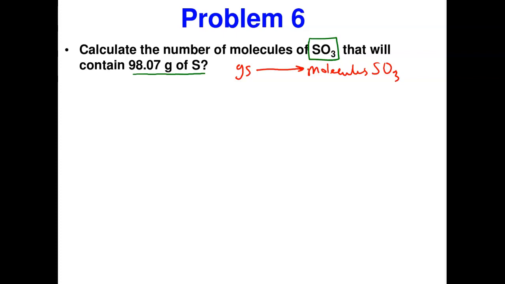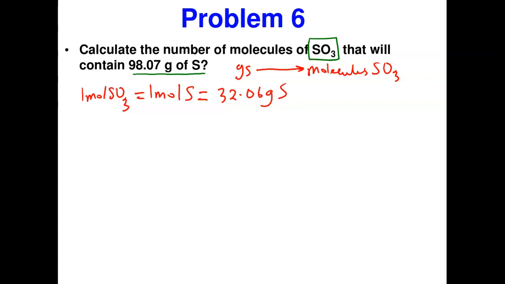So here now, of course, again, we know that a mole of sulfur trioxide contains how much sulfur? It contains 1 mole of sulfur, of course. And, of course, a mole of sulfur for us weighs how much? If you look at your periodic table, the mass of sulfur is 32.06 grams of sulfur.